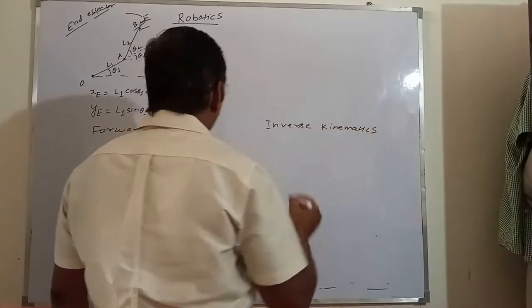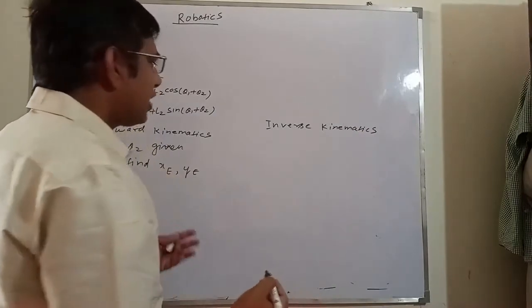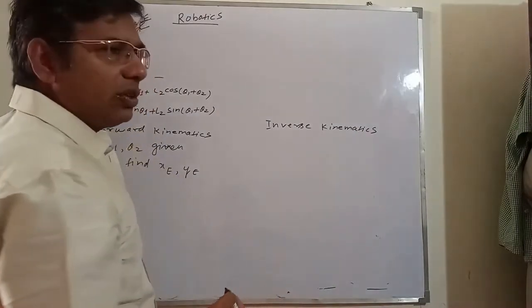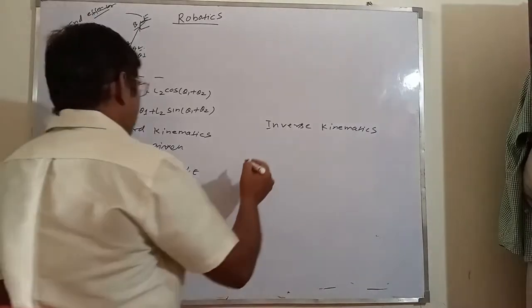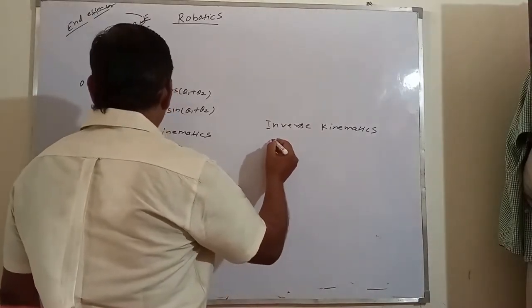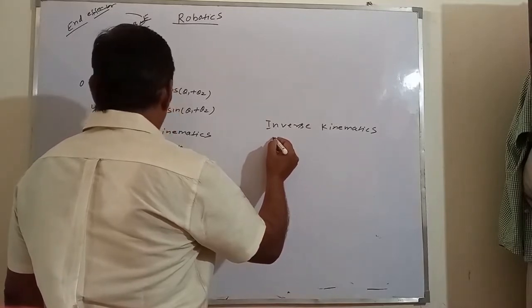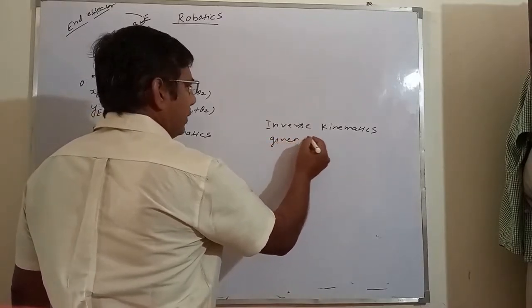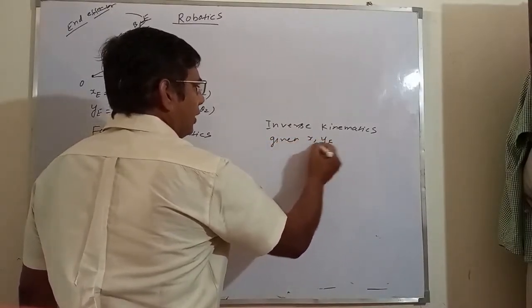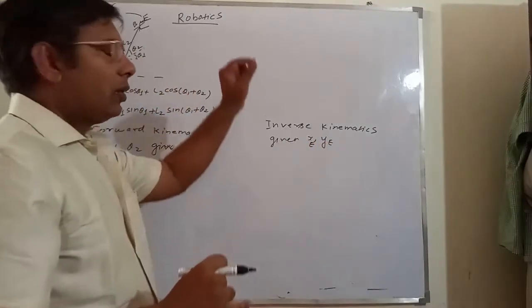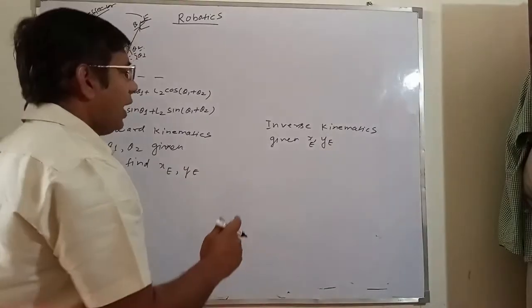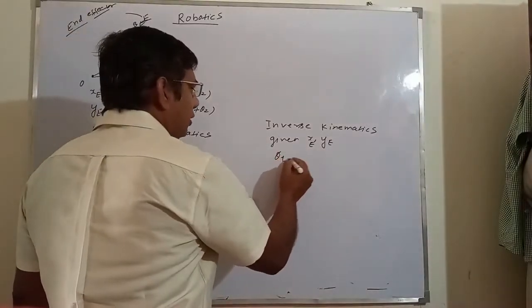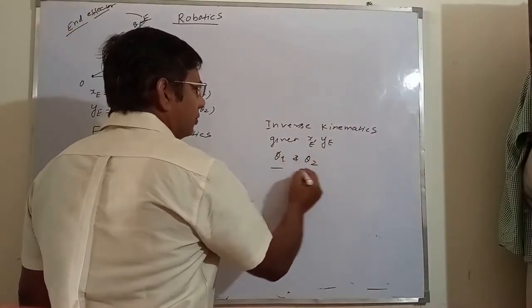Inverse kinematics. So what is inverse kinematics? In inverse kinematics, the same equation holds good, but the problem here is that XE, YE are given. So the end effector coordinate, the position, is given, but what we have to find out is theta 1 and theta 2.